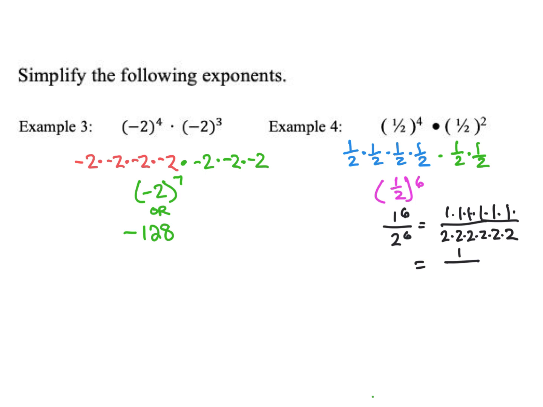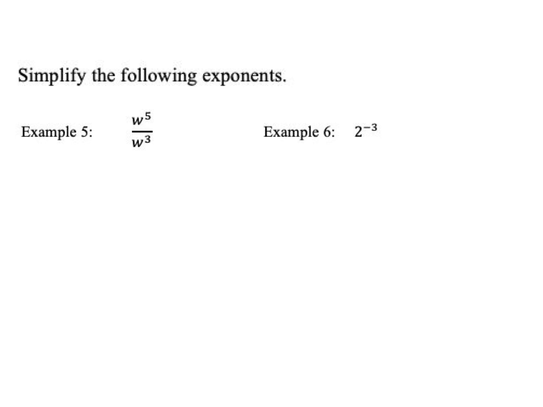And then we have 2 being multiplied by itself 6 times, that is 64. So I can either write it as an exponent, or to solve it, it would be 1 over 64. And remember, if you start with a fraction, you're going to end with a fraction as an answer.